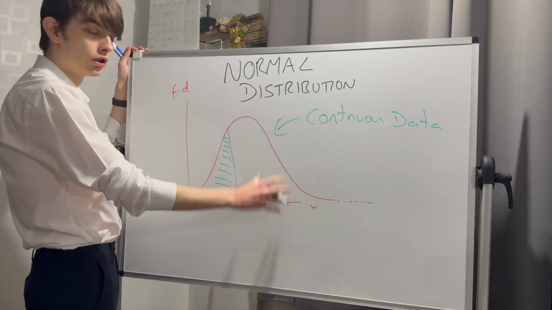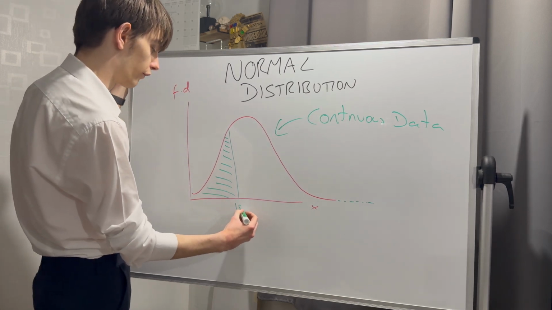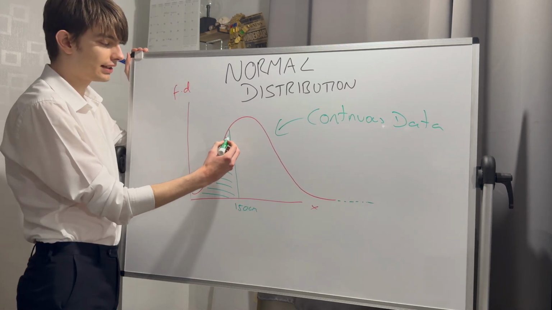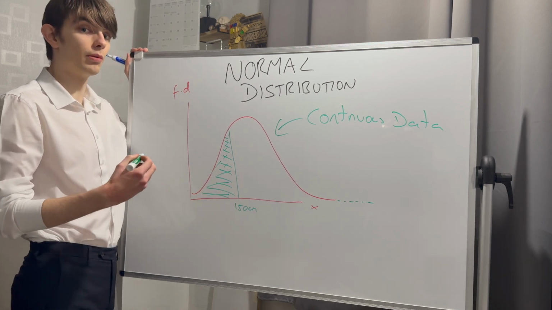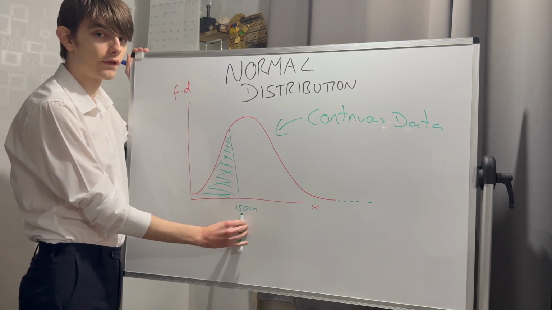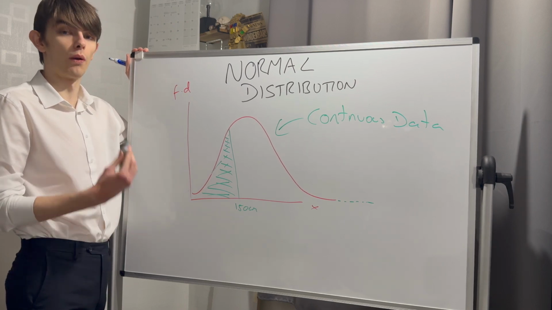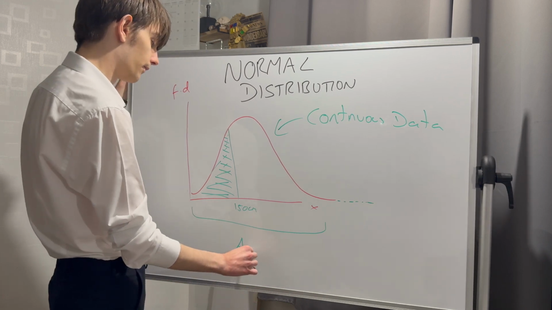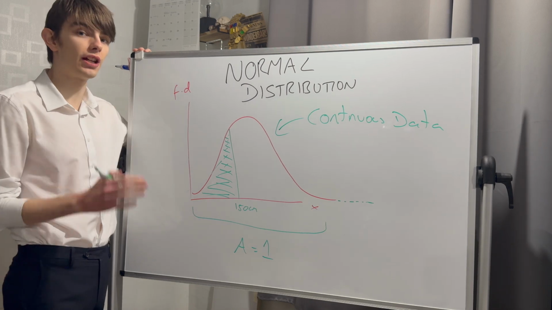If this here were a map of heights in a classroom, and I have randomly picked 150 centimeters over here, if I calculated the area here via calculus or some other method, it would tell me the probability of being less than 150 centimeters tall in my classroom. What this then means is the area under the entire thing must equal 1. There's a lot being thrown at you at this point.